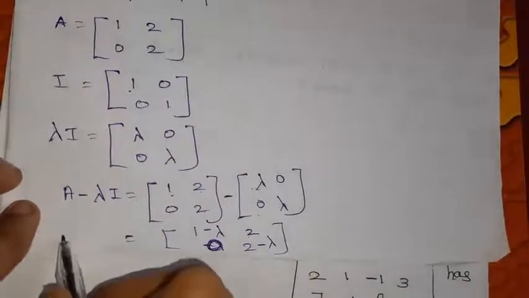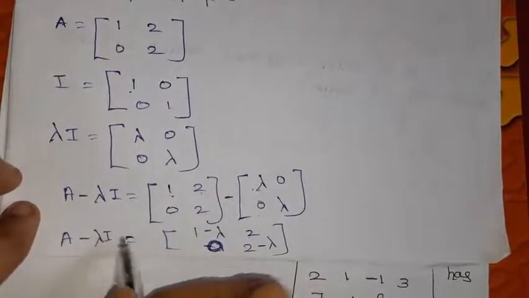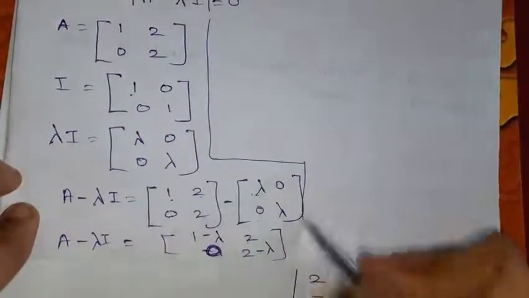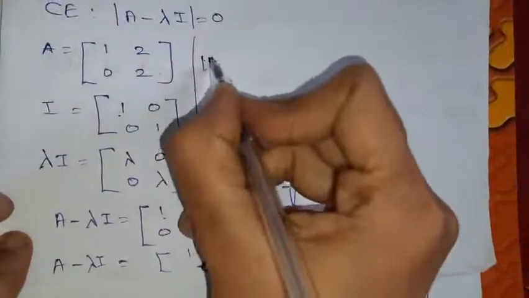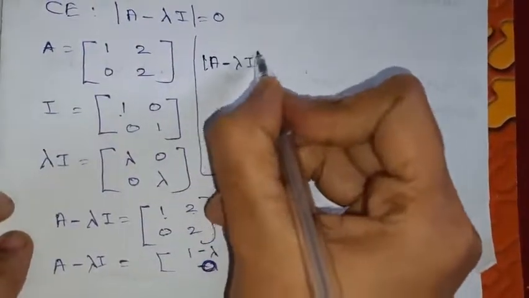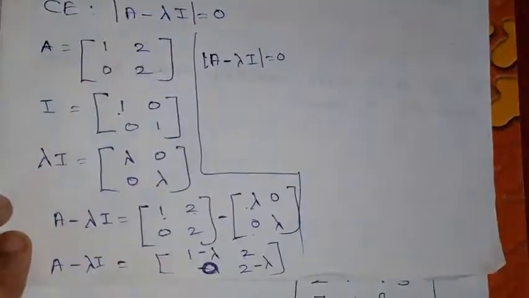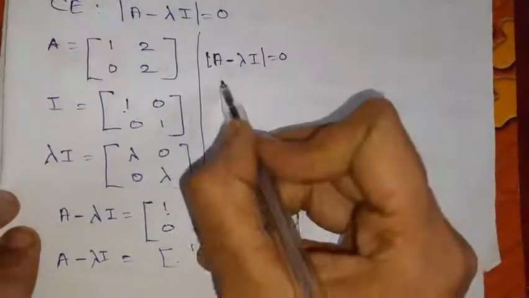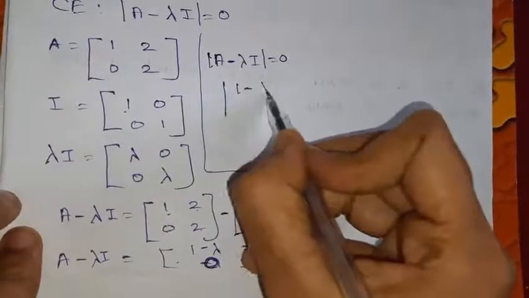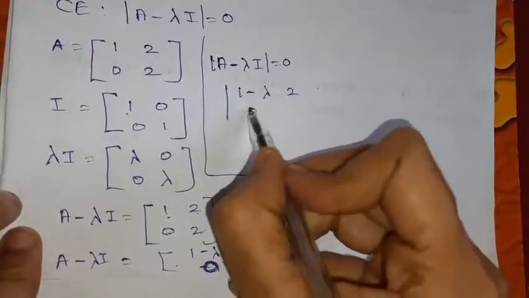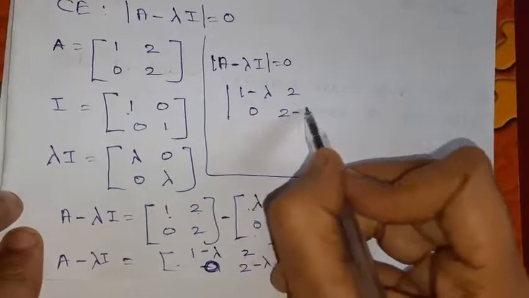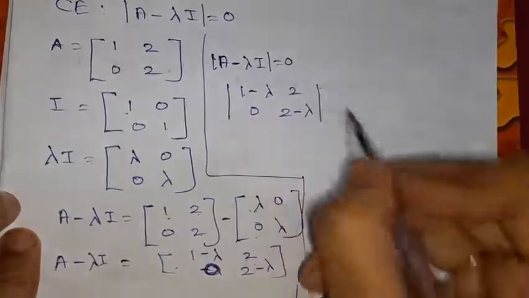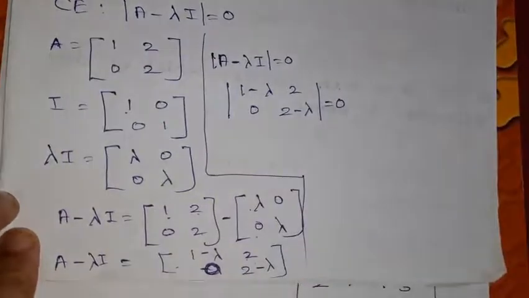Then we need to find the determinant of this A minus lambda I, modulus A minus lambda I, which should be equal to 0. So, we will see the determinant of this one: 1 minus lambda, 2, 0, 2 minus lambda. We should equate this to 0.